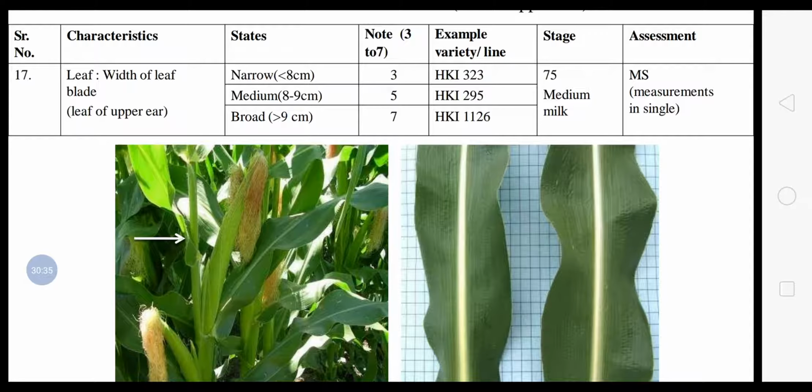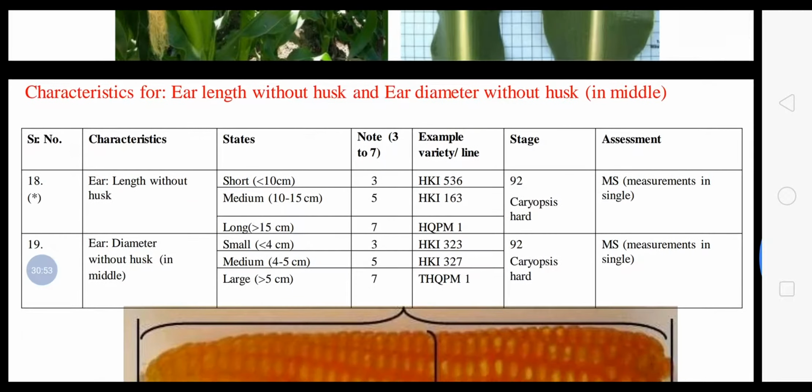Medium is 8 to 9 centimeter, scored as 5, and example is HKI 295. Broad is more than 9 centimeter, scored as 7, HKI 1126. Here medium milk stage is taken to study this character, and measuring a single plant is preferred here.